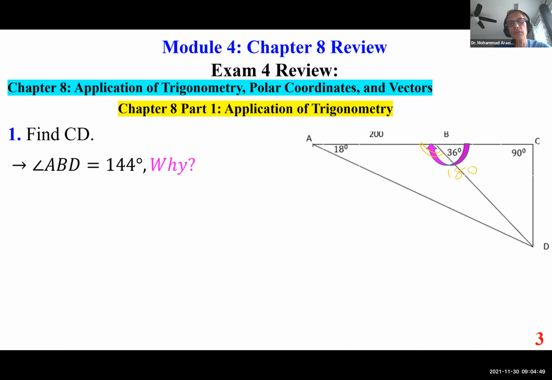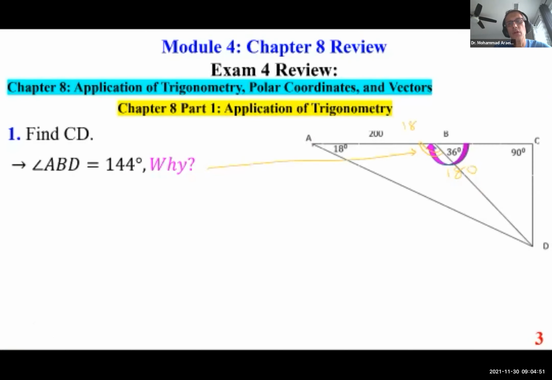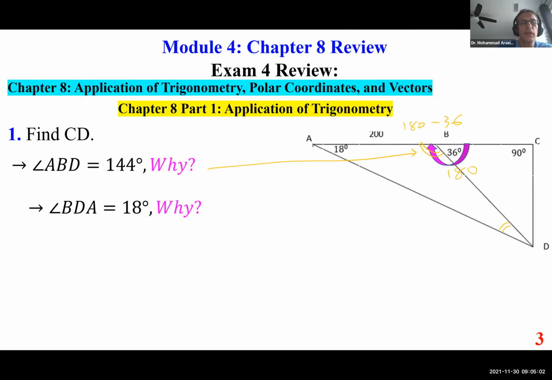So this angle is 180 minus 36, which means now this angle BDA must be 18. Why is that?